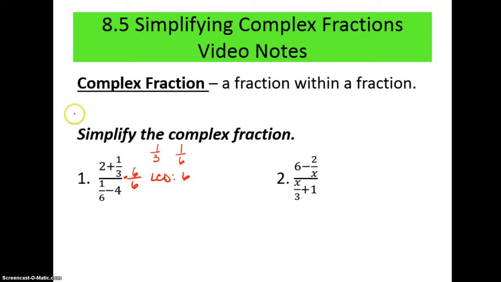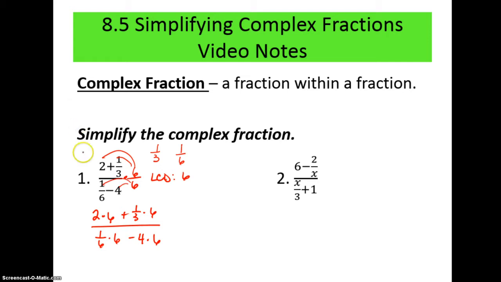Remember that when we multiply two terms by 1, we have to distribute. So what happens is everything gets multiplied by the 6. 2 times 6 plus 1/3 times 6, 1/6 times 6, and 4 times 6. So we've taken these 6's on top and bottom and multiplied through to everything.